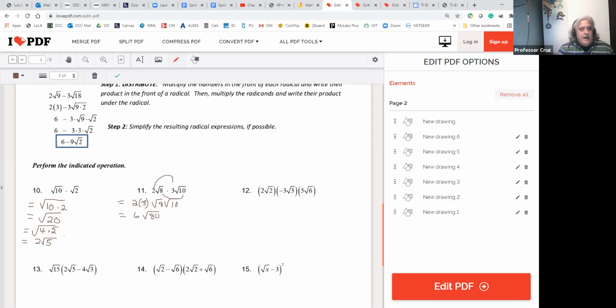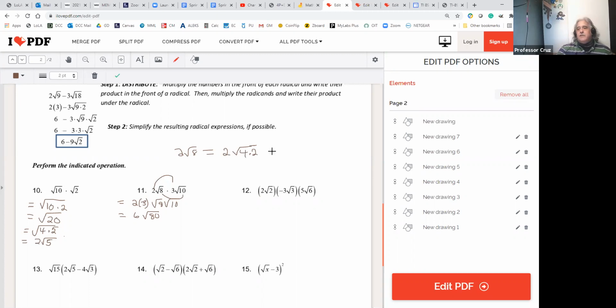Now, if we have a perfect square inside of there, we can break it apart and make it simpler. One of the things we could have done on 2 square roots of 8 is break that down first if we'd wanted to, because the numbers will get big pretty quickly in some cases when you don't do this.